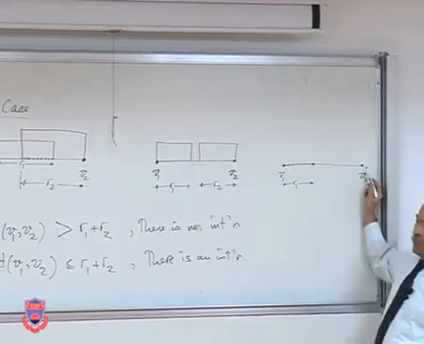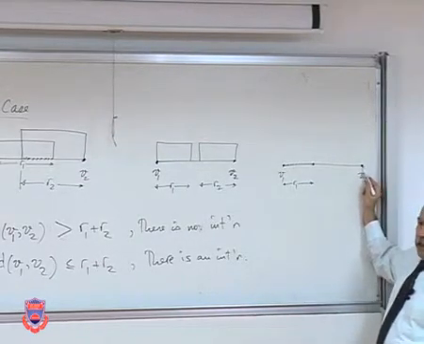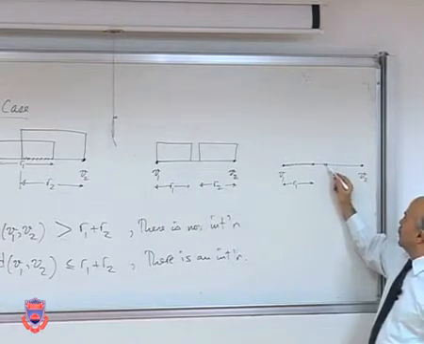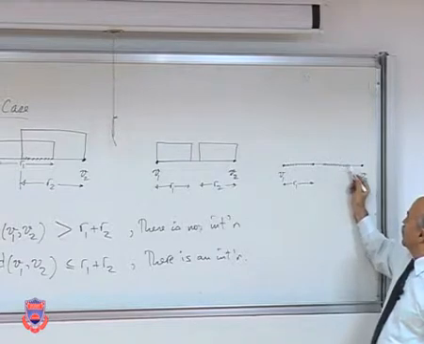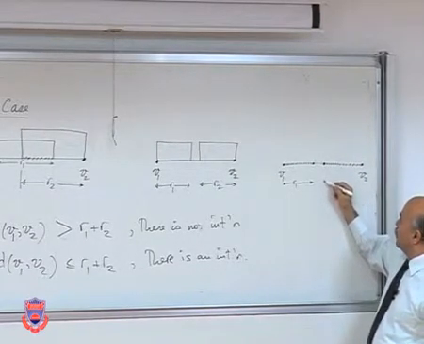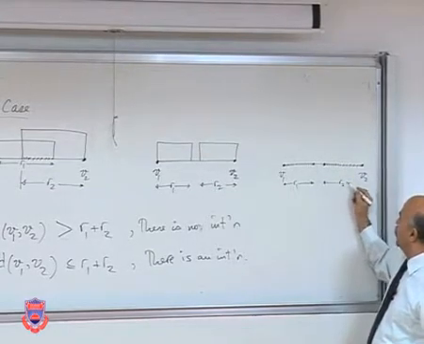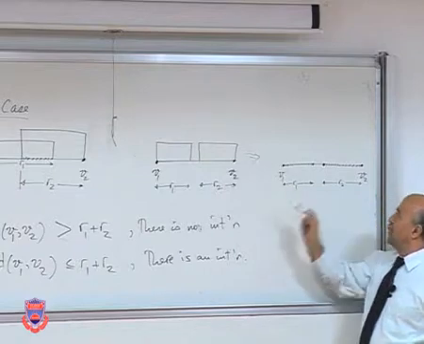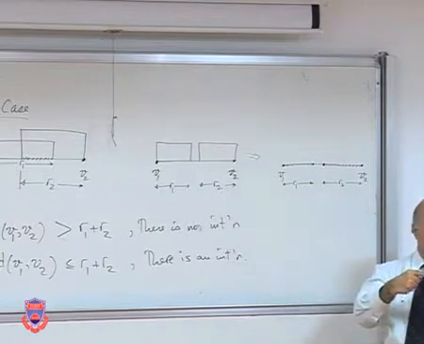You do the same thing for the other one. You attach one end of it here, and you pull it as much as you can tight towards V1. It will go somewhere here, R2. So in this example, the strings don't meet.